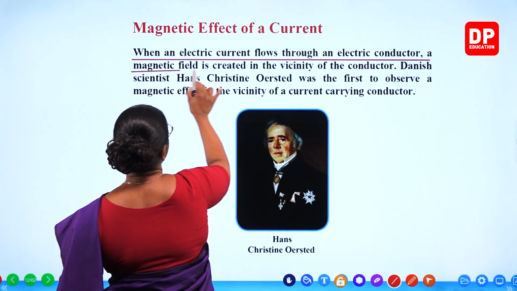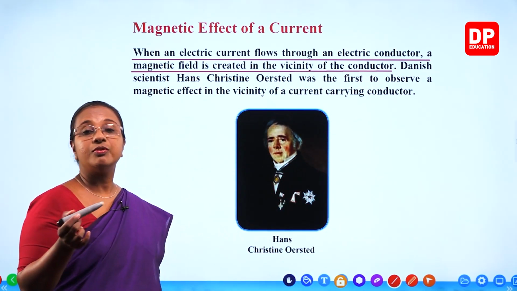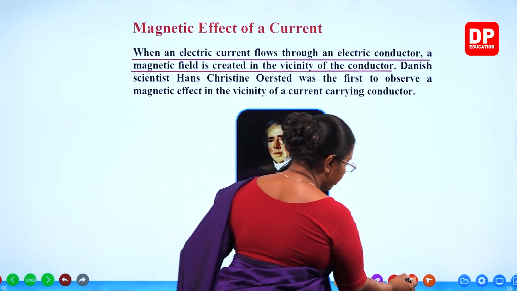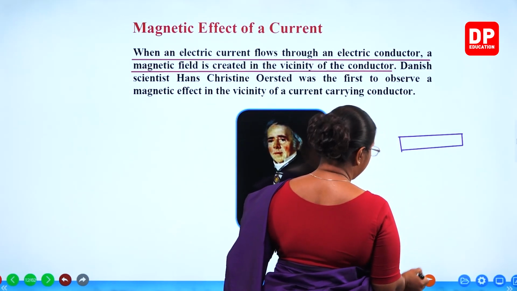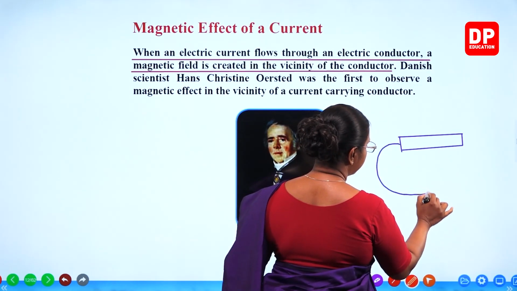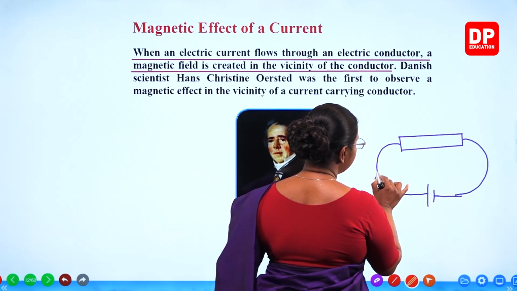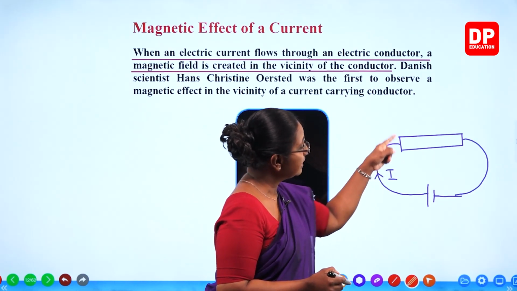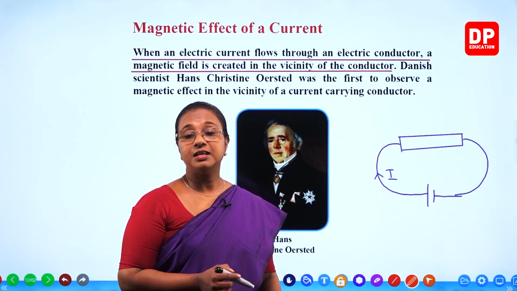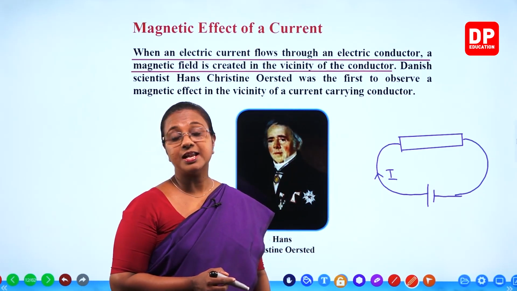When there is an electric conductor and a current is flowing through that conductor, if we connect it to a power source, and there is current flowing through it, a magnetic field can be generated in the vicinity around the conductor.